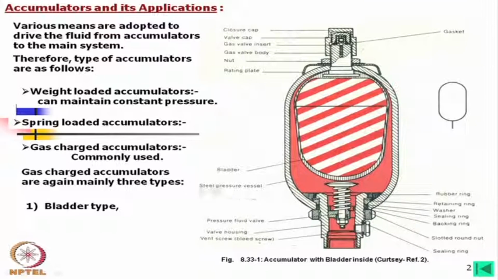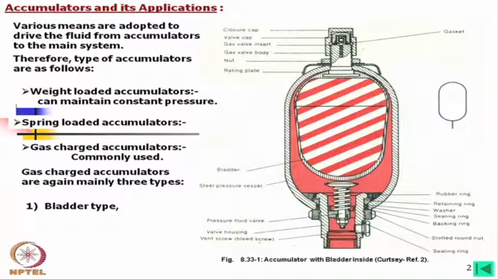You can consider this a steel pressure vessel, and inside it there is a bladder which is usually charged by gas. Nitrogen is very common, however, one can use ordinary air also.